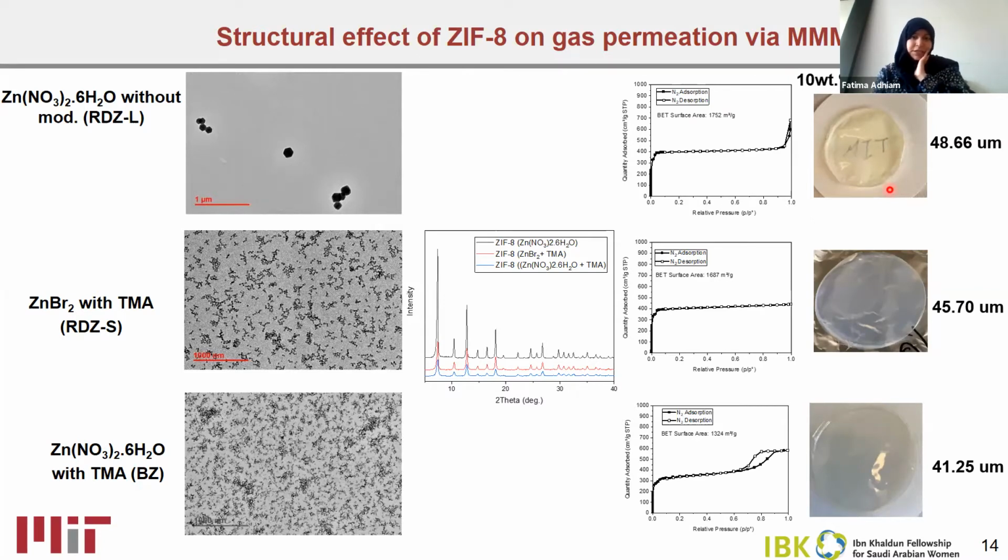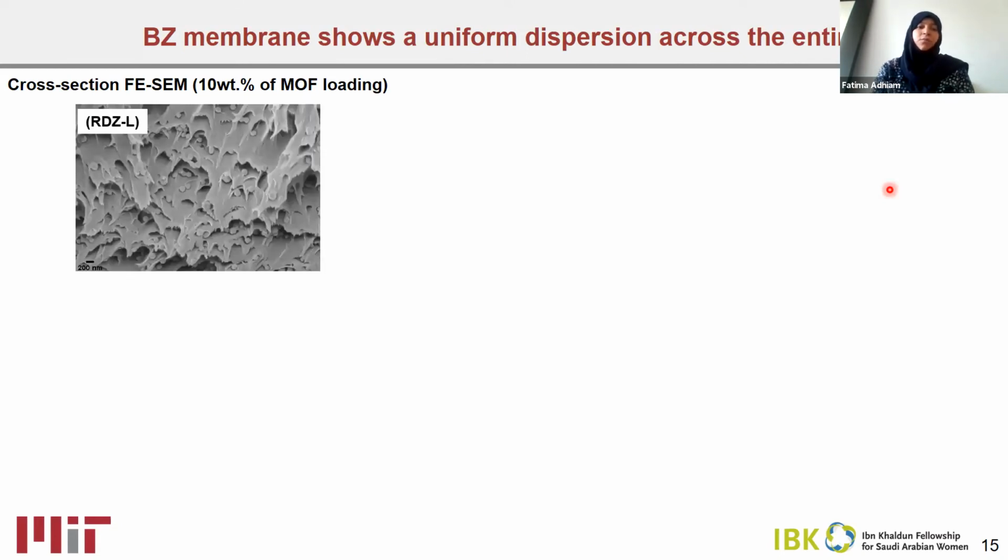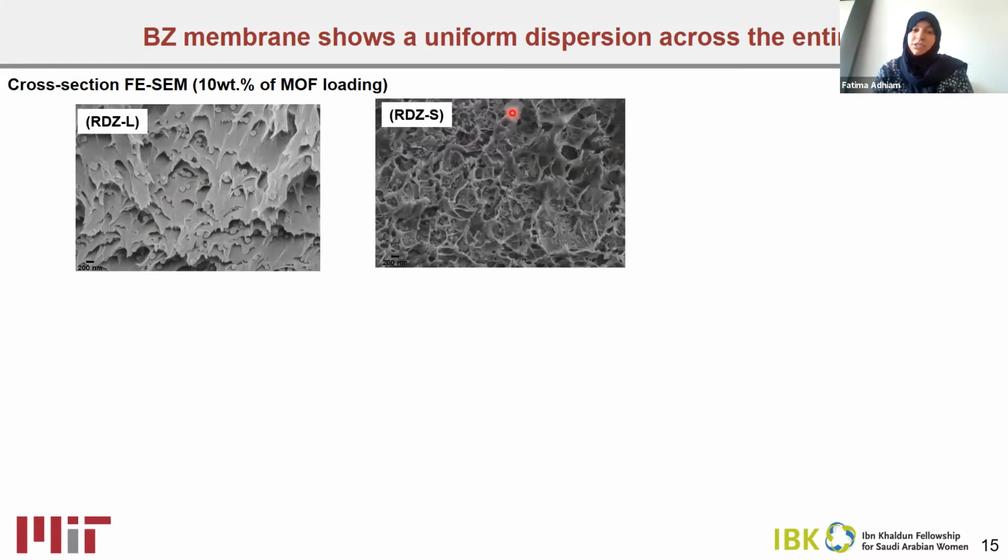Furthermore, in order to see how these morphologies are distributed inside the membrane, cross-section SEM took place. For the rhombic dodecahedral with larger particle size, we can see ZIF material settling nicely within the polymeric matrix. However, in the case of the RDZ with smaller particle size, we can see the agglomeration of the smaller particles, and the morphology is like a grape structure.